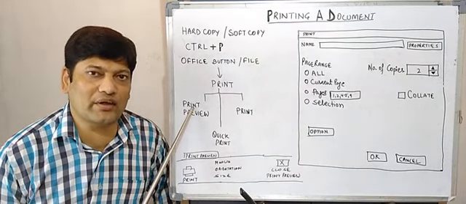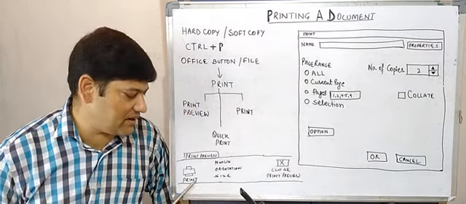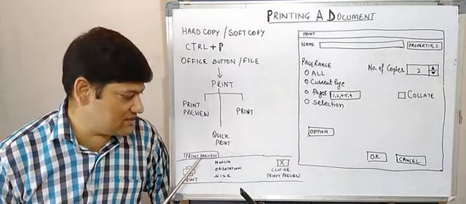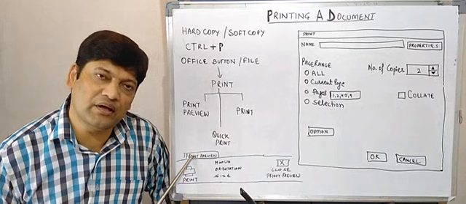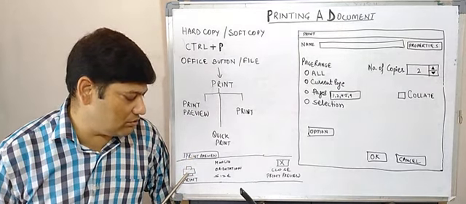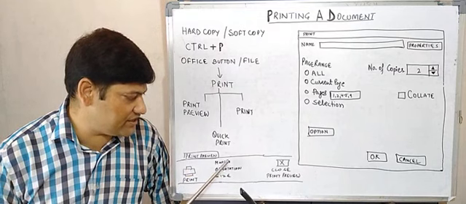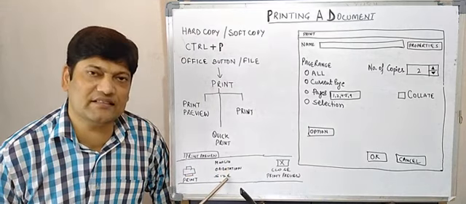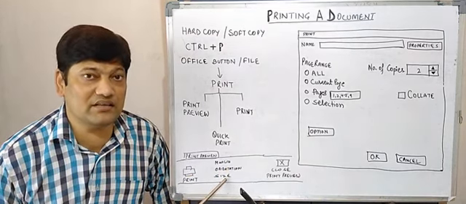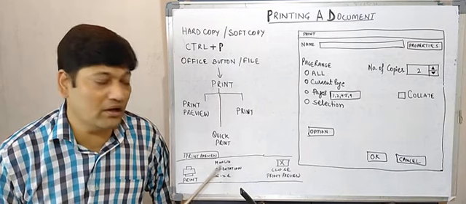If everything is okay, you can give a print command from the print preview. You can see over here, when we open the print preview, this is the ribbon area where you will get the print command. You can change the margin, orientation and size if you feel any problem is there in print preview.